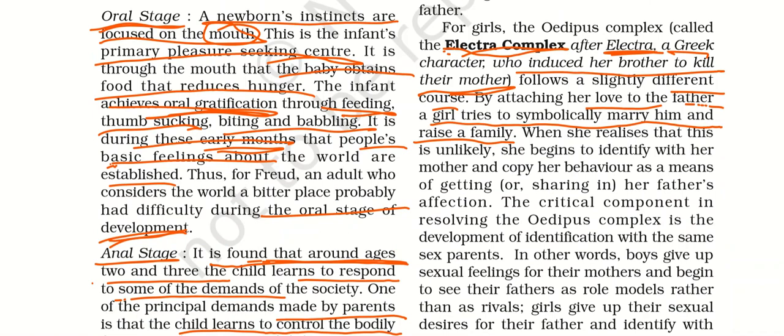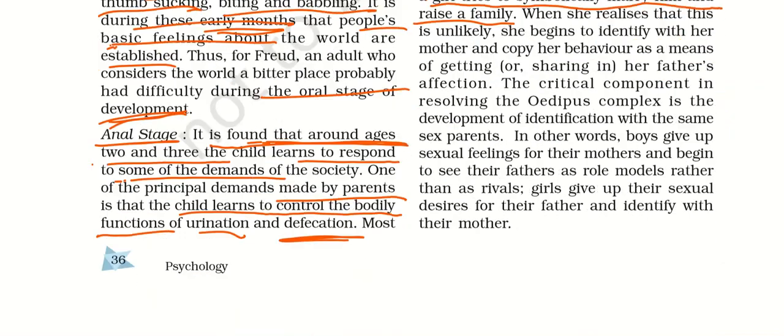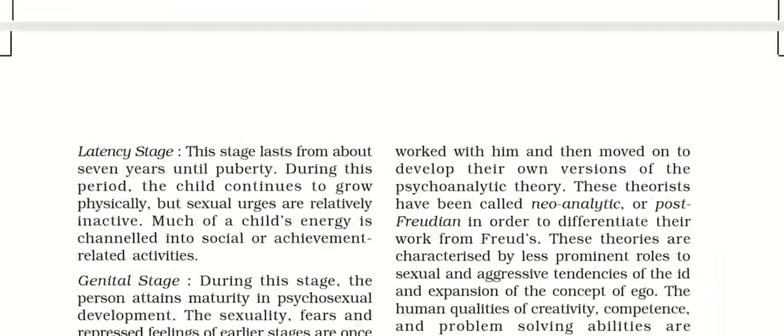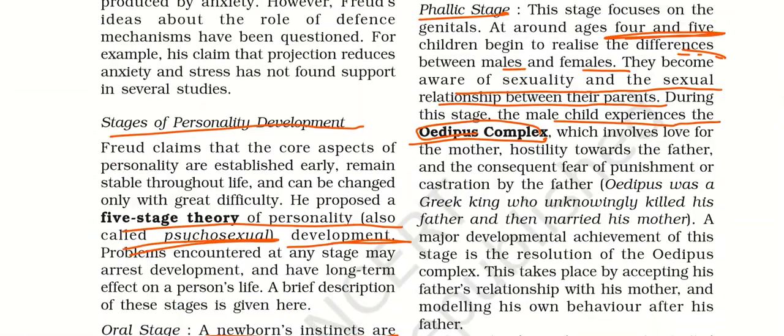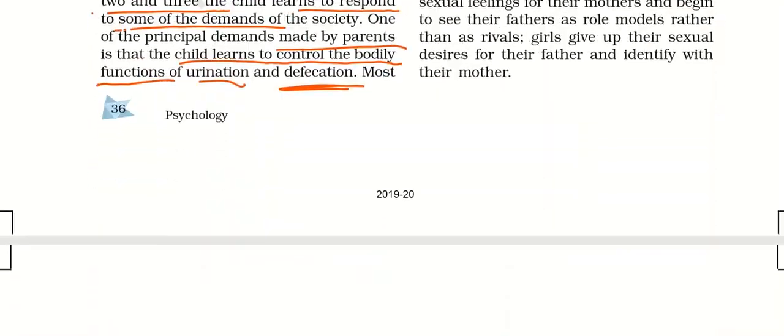So this is basically where you try to imitate your mother and your father with your specific gender role. For girls, their mother becomes their role model, and for boys, their father becomes their role model. So this is the phallic stage, and the two important things of this stage are the Oedipus complex and the Electra complex.